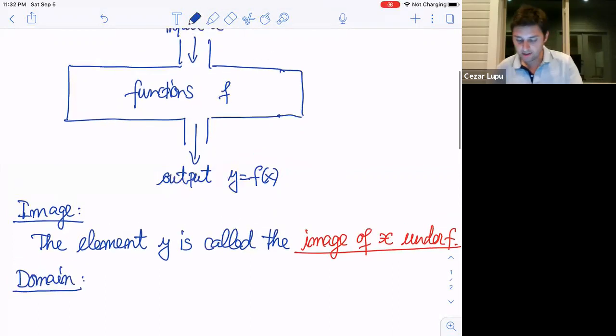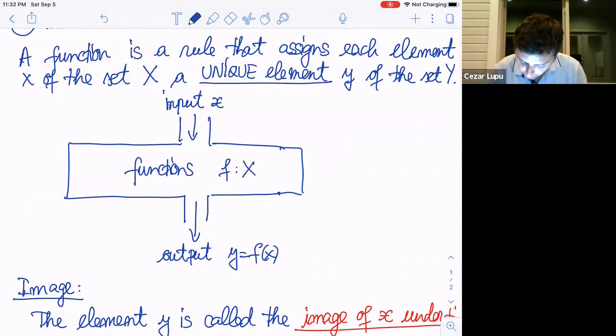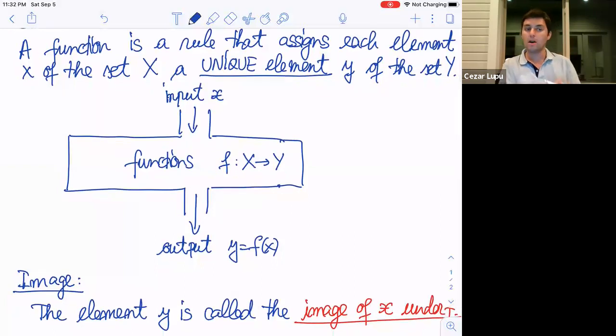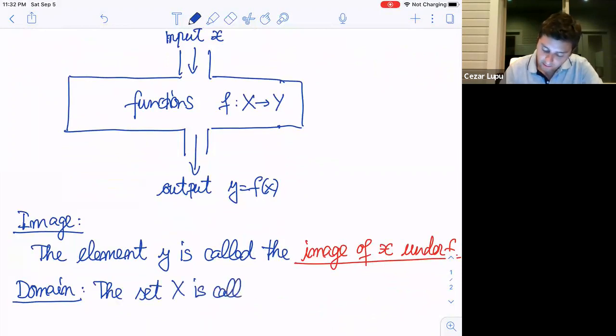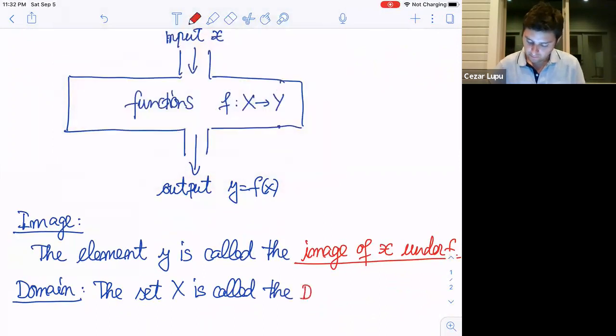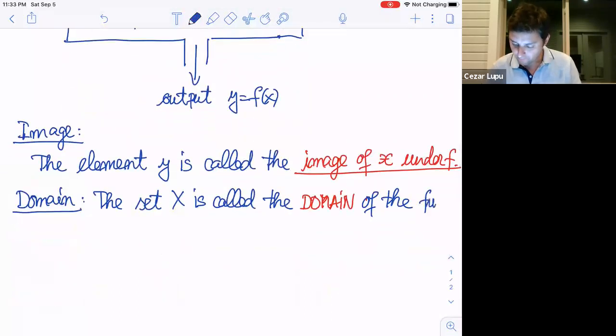We have said that f is defined on X with values in Y, because we said at the beginning a function is a rule that assigns each element x from the set X a unique element y of the set Y. Well, in this case, the set X is called the domain of the function f.